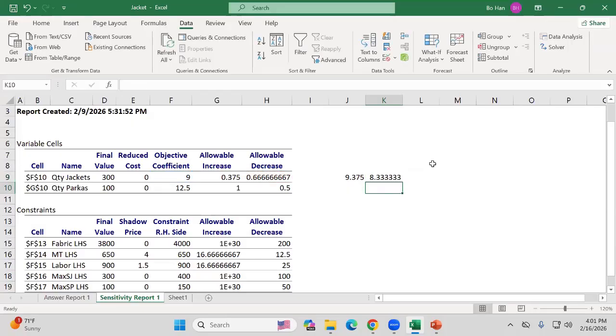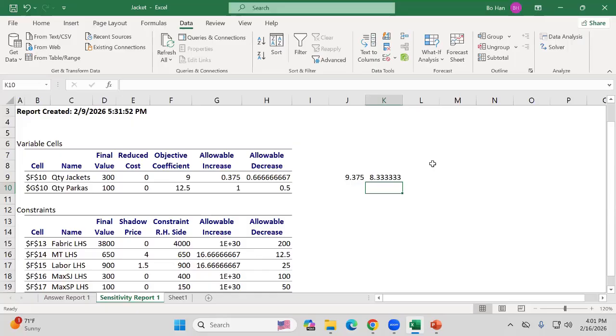So if the profit of selling each jacket changes in this range between 8.33 and 9.37, you still manufacture 300 jackets. You still reach the best profit, $3,950. This is what allowable increase and allowable decrease tell everyone.